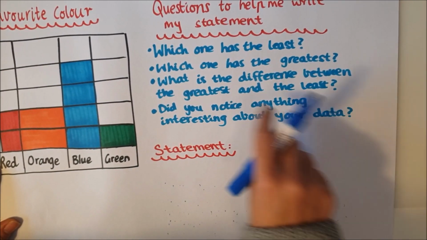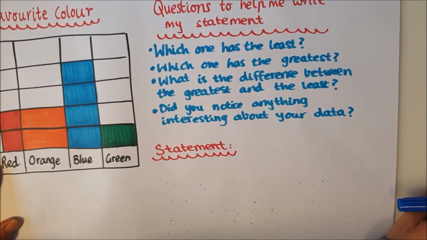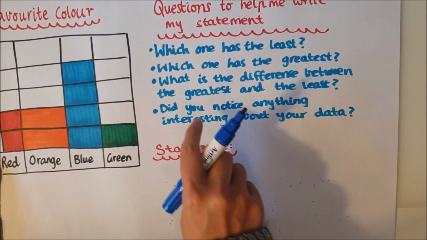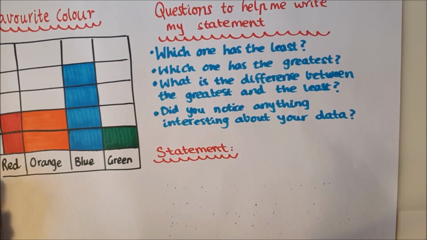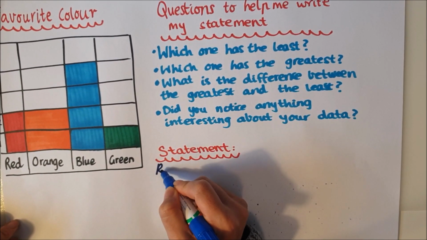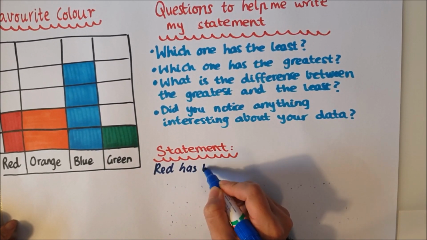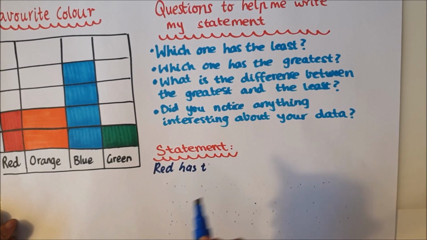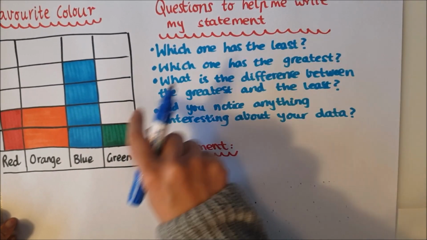Which one has the least? Which one has the greatest? What is the difference between the greatest and the least? And did you notice anything interesting about your data? Oh, no, I'm not going to write that first because I'm going to think which one has the least.